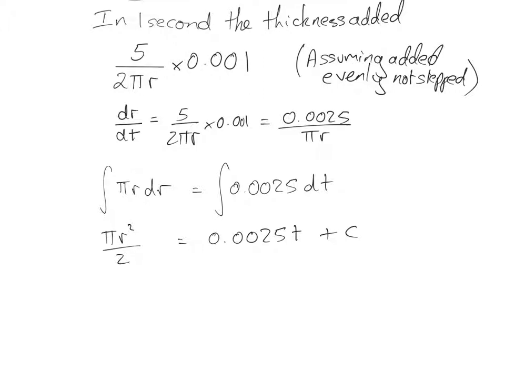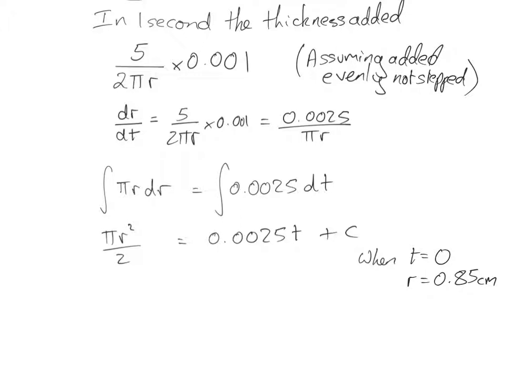We know when t equals 0, we know that the diameter is 1.7, so the radius is 0.85 centimetres.